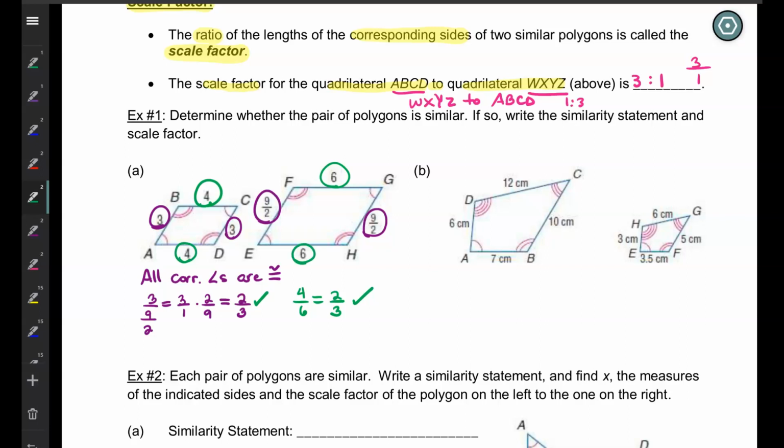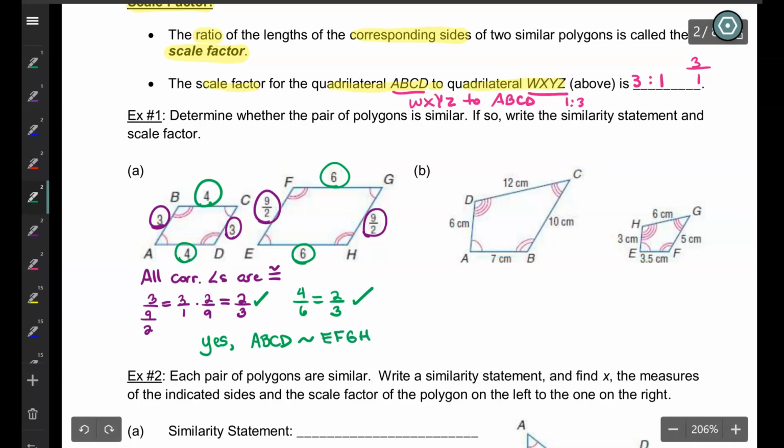So yes, they are similar. You can put parallelogram in front, or you can just make sure the order of the letters is matching. So we'll say ABCD, squiggly line for similar, and then EFGH, again making sure that the order of the letters matches.